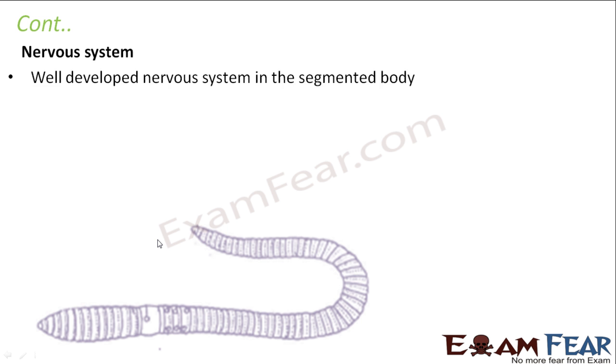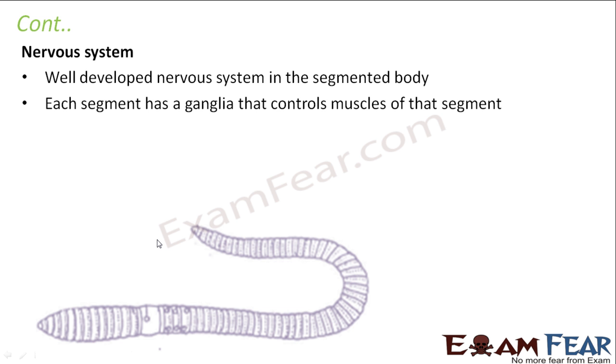Next was the nervous system. As always, the nervous system here was quite well developed and a little complex as well. They had a segmented body, and each segment has a ganglion that controls the muscles of that segment. If you look at the structure of the nervous system, it would be somewhat like this.